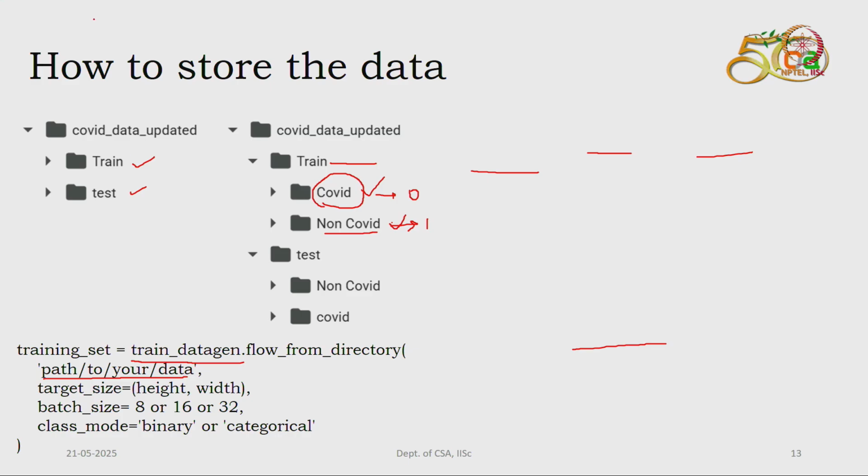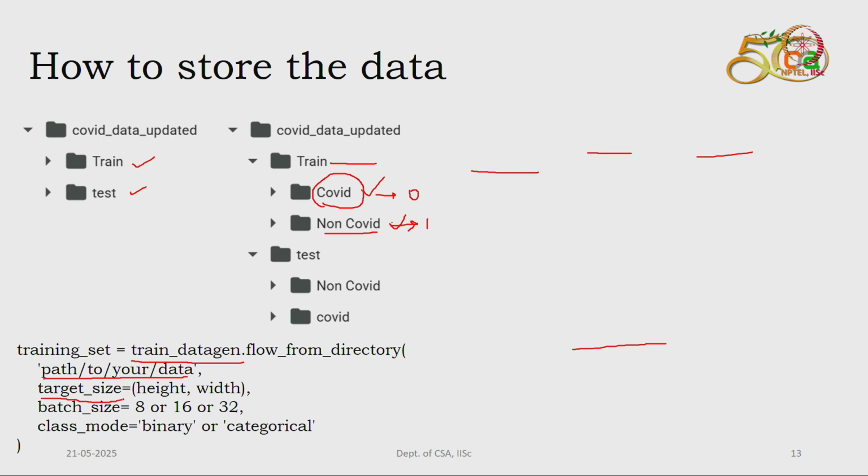Now, when we consider an input, not necessarily will the images be of the same shape. So whatever the size of the image we have considered, we are changing those images to a particular height and width.